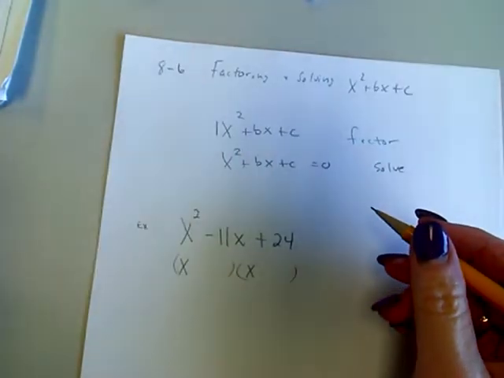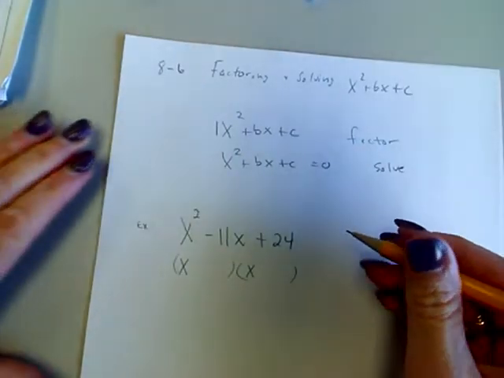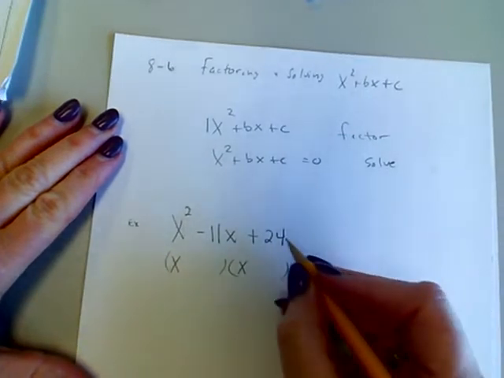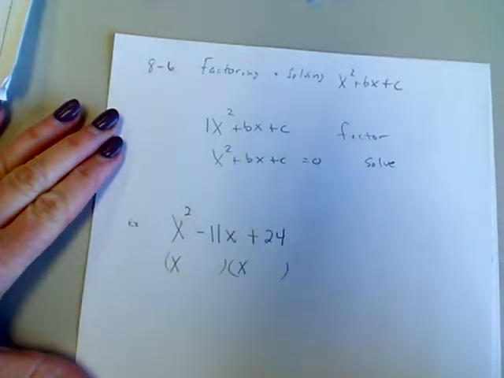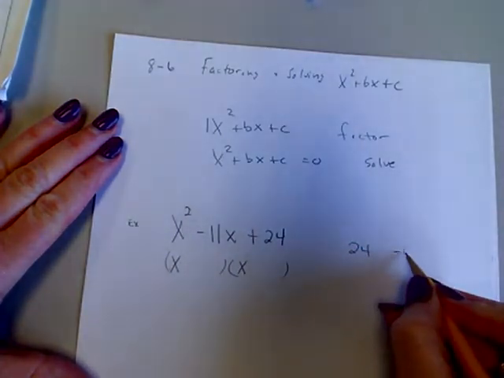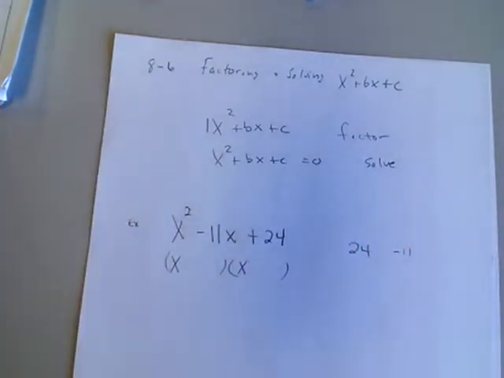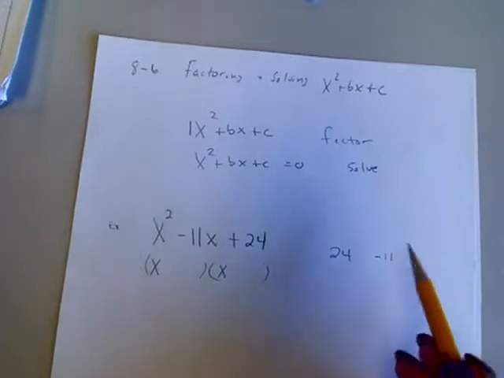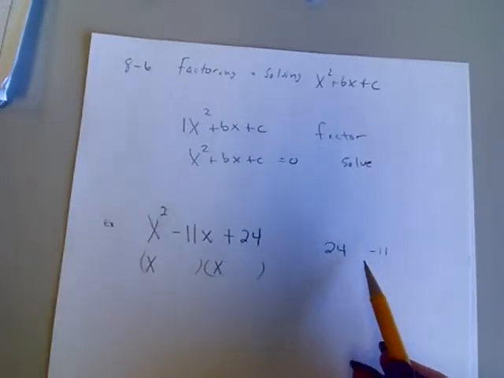Now, here's what I would need you to do. Ask yourself this question. What can you multiply together to get positive 24 and add to get negative 11? So what 2 numbers can you multiply to get positive 24 and add to get negative 11? And I usually write them off to the side like this so you can see.